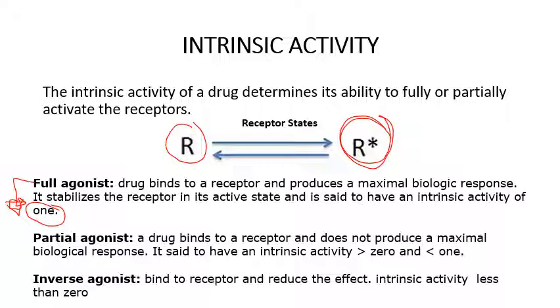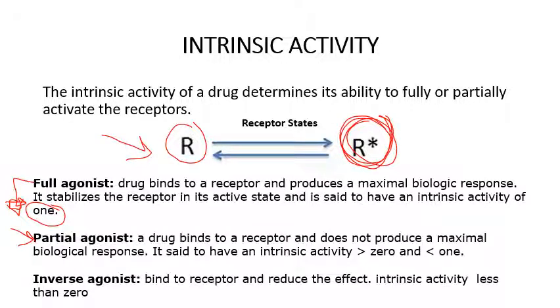While for partial agonists, a drug binds to a receptor and it does not produce a maximum biological response. It is said to have an intrinsic activity between 0 and 1. This means partial agonists have the affinity to bind to receptors, but they cannot stabilize the drug-receptor complex in the activated form.